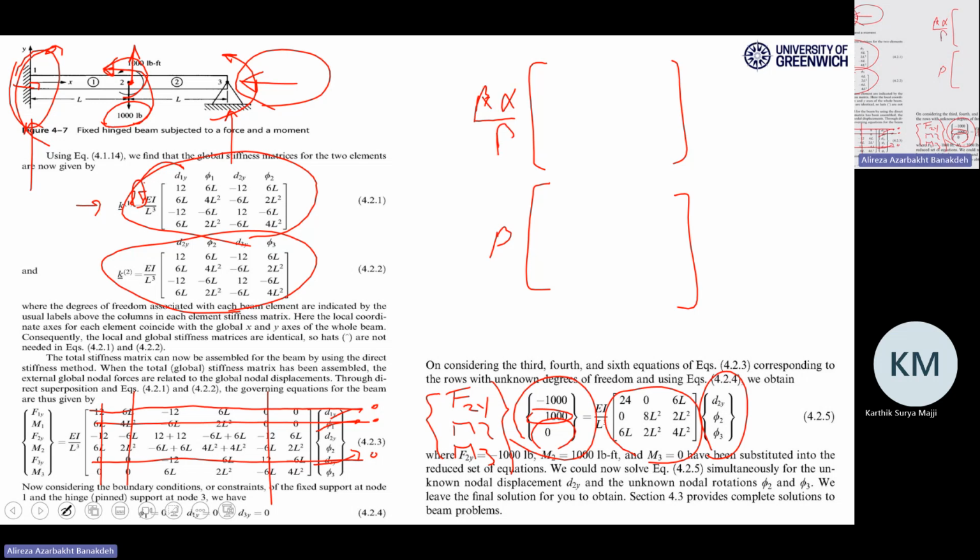Is it still alpha? Alpha times beta divided by beta. It is still alpha, isn't it? I'm not adding anything. This is still alpha, isn't it?